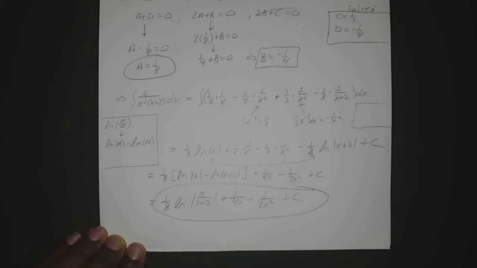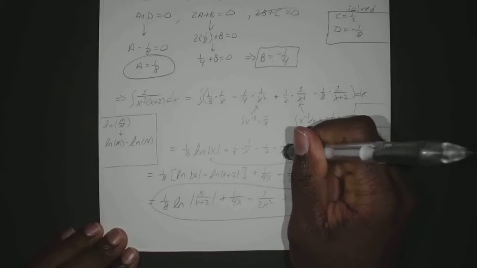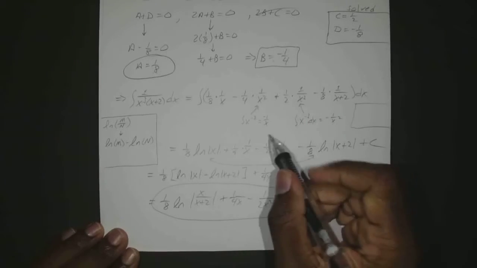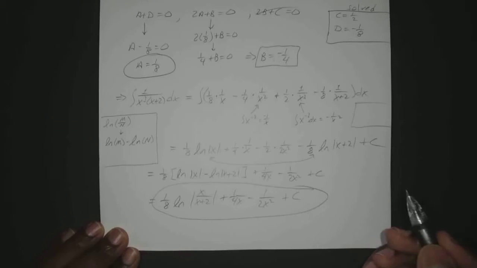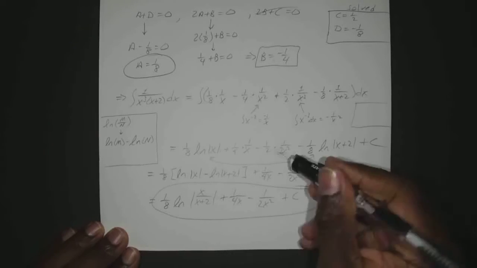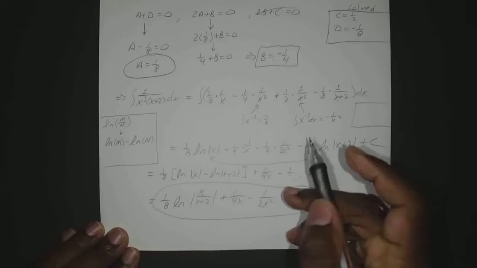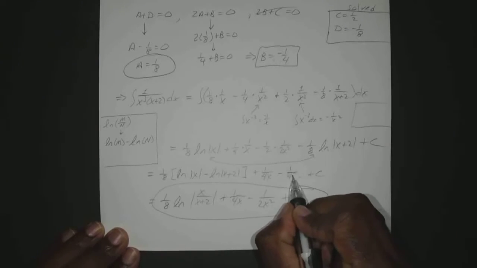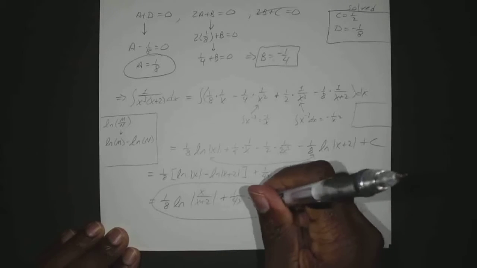Yep, so you're right. I missed the new exponent. So that should be 1 over 4x squared here, and 4x squared there.